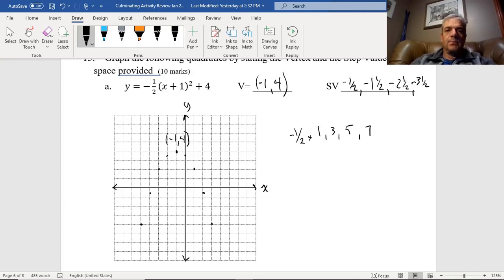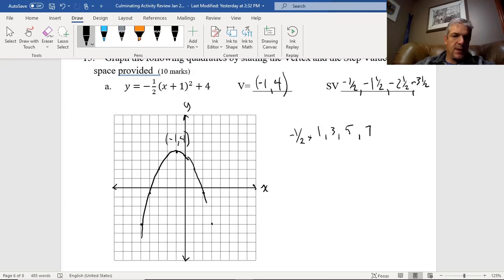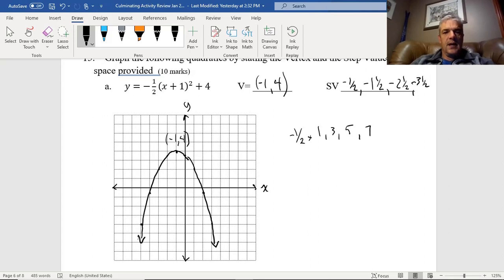Remember, they're not supposed to make V's. They're supposed to be smooth and round. So do your best to sort of come around and draw them. It's not easy for me either with this on the computer. And put arrows on the end of the parabola to indicate they continue on.